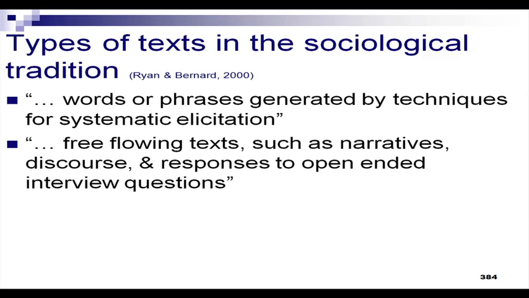The other type of text here is the free-flowing texts, such as narratives, discourse, and responses to open-ended interview questions, where we don't know what we'll get. So there are two types of texts. One is the expected category of texts.